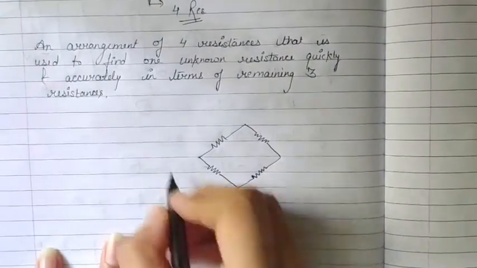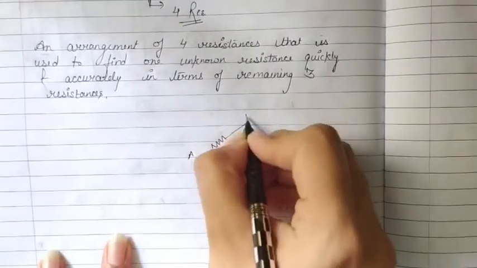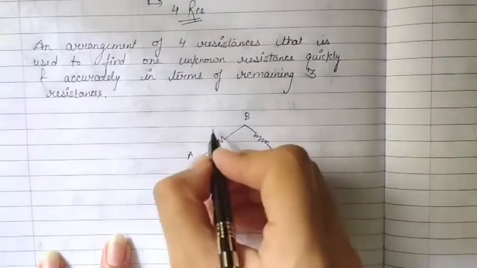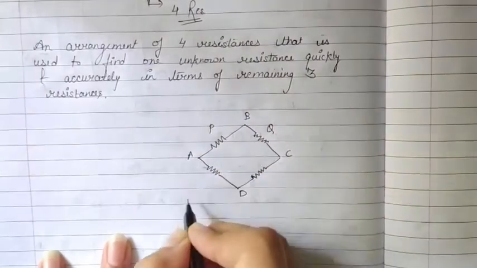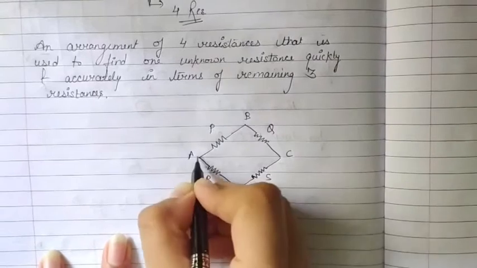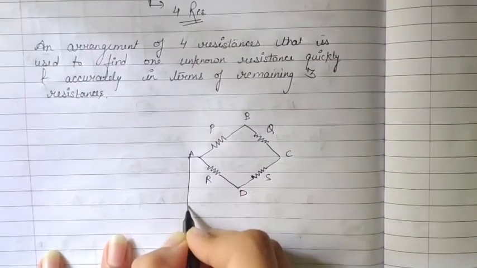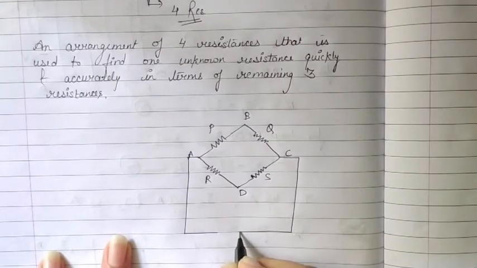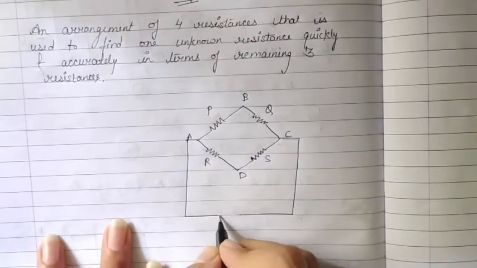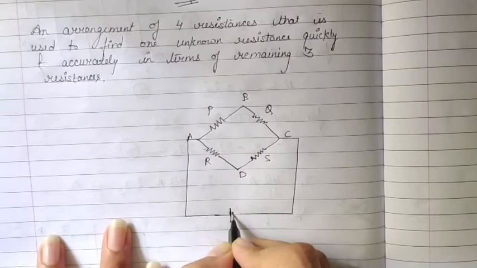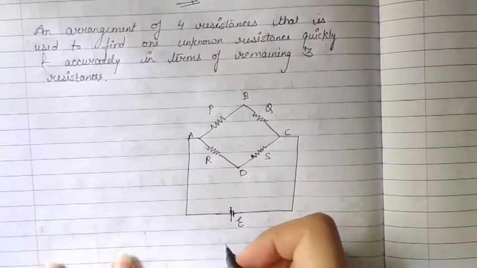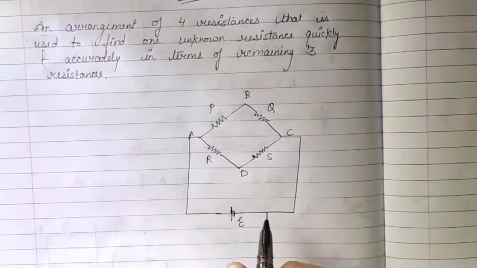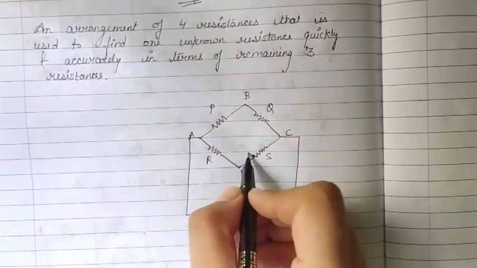Now this is the quadrilateral A, B, C, D. Here each arm contains resistances P, Q, R and S. Now the points A and C are connected with a cell or a battery having EMF epsilon, like this. So a Wheatstone bridge consists of four resistances P, Q, R, S.